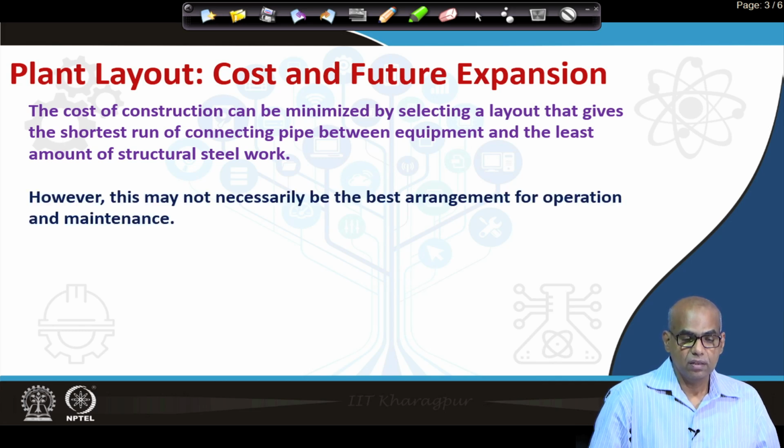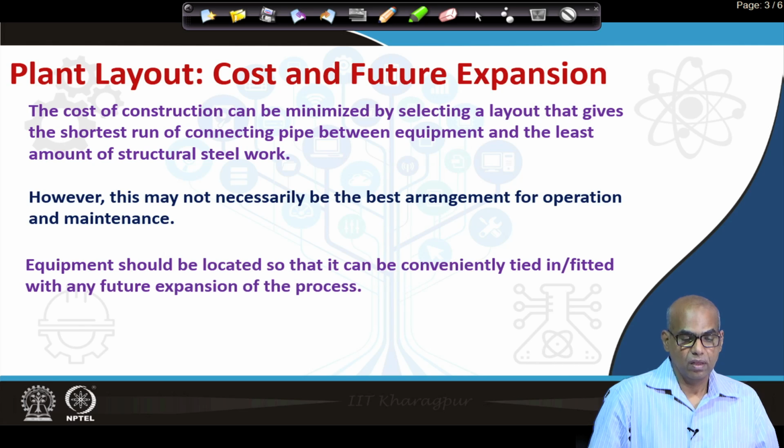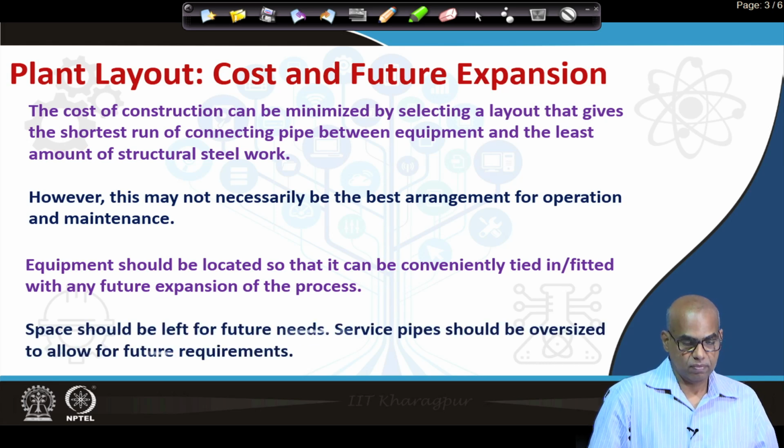However, this may not necessarily be the best arrangement for operation and maintenance. Equipment should be located so that it can be conveniently tied in with any future expansion of the process. Space should be left for future needs. Service pipes should be oversized to allow for future requirement.